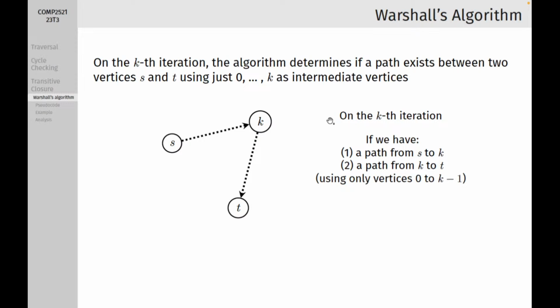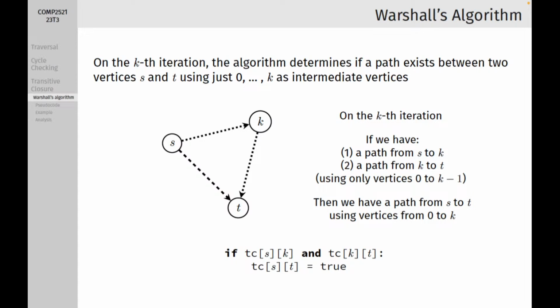What this diagram is showing is that on the kth iteration, if we know that there is a path from S to K, and we know that there is a path from K to T, using only vertices from 0 to K minus 1, then that means we have a path from S to T using vertices from 0 to K. Because we just follow the path from S to K, then we follow the path from K to T. And this tells us that there is a path from S to T.